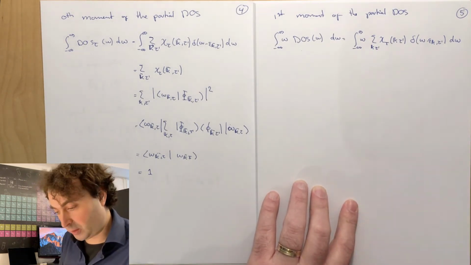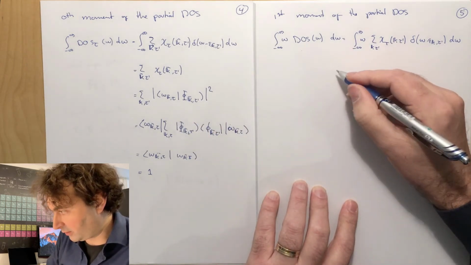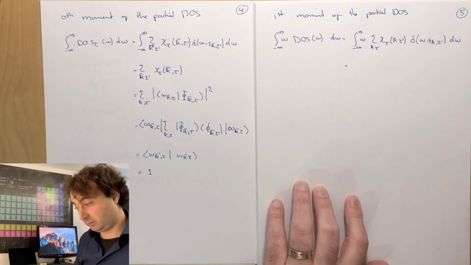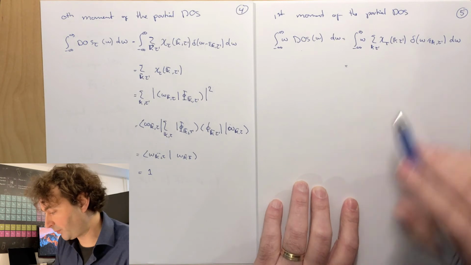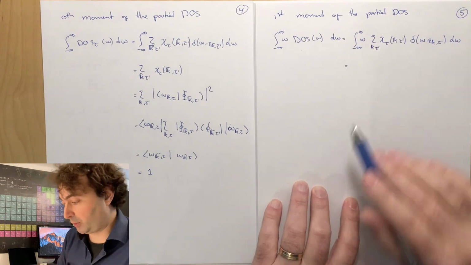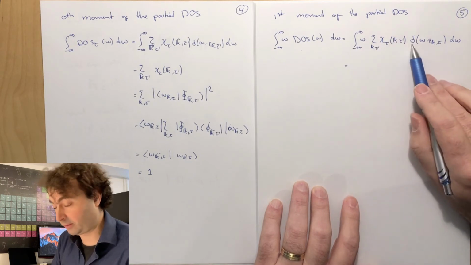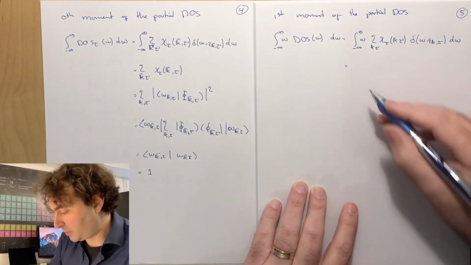In order to work this out, we again write out what the band character is. We first can do the integral over the delta function, of course, but now it's a delta function multiplied with omega. So the integral over a function of omega times a delta function of omega minus epsilon is the function evaluated at epsilon.